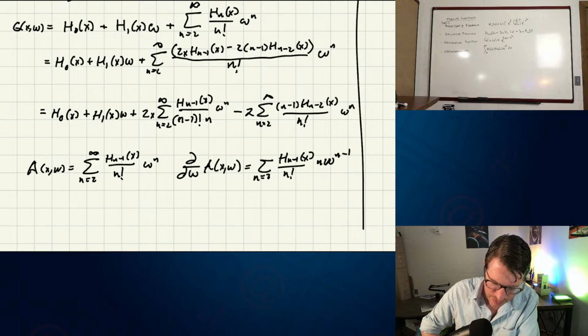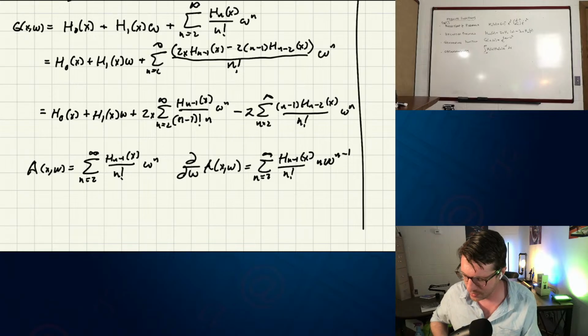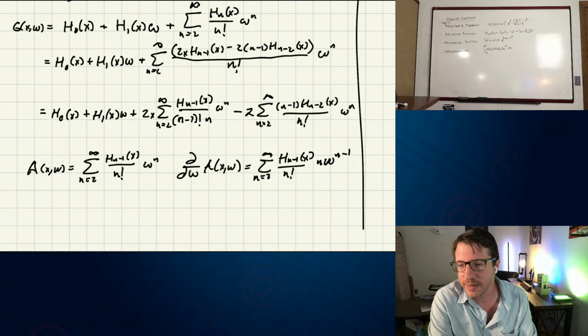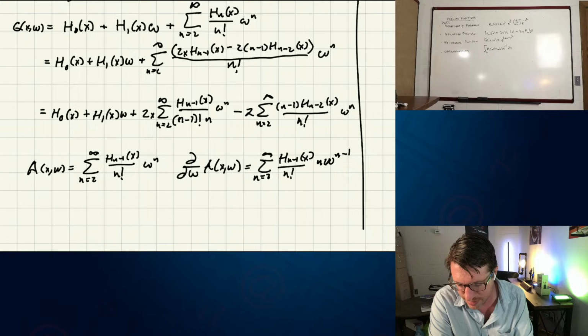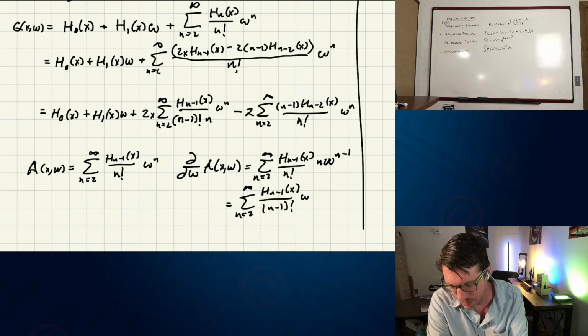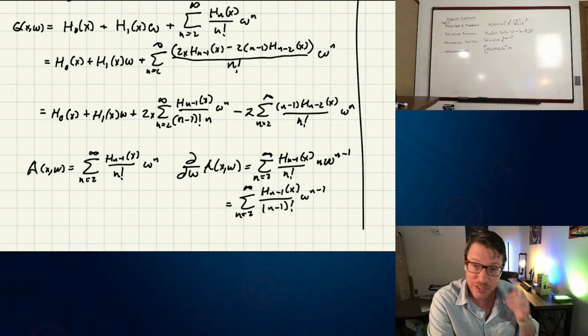Then we can simplify things: the n cancels out, taking n factorial down to n minus 1 factorial. So we have the sum n equals 2 to infinity of hn minus 1 of x divided by n minus 1 factorial times w to the n minus 1. And that's practically g of xw.